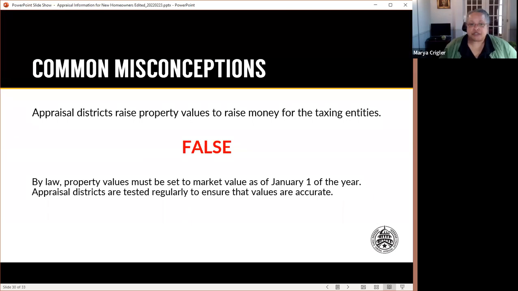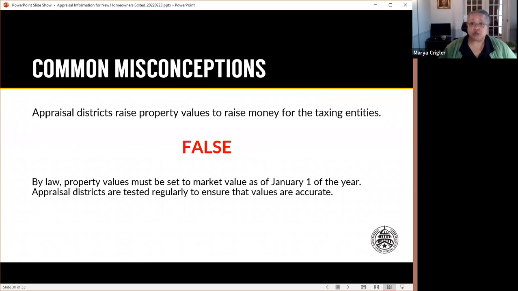Another common misconception is that appraisal districts raise property values to raise money for taxing entities. And again, that is not accurate. By law, we must appraise properties at market value as of January 1st of each year. And a lot of people are not aware of this, but we get tested every year by the state to make sure that we're doing our jobs correctly.